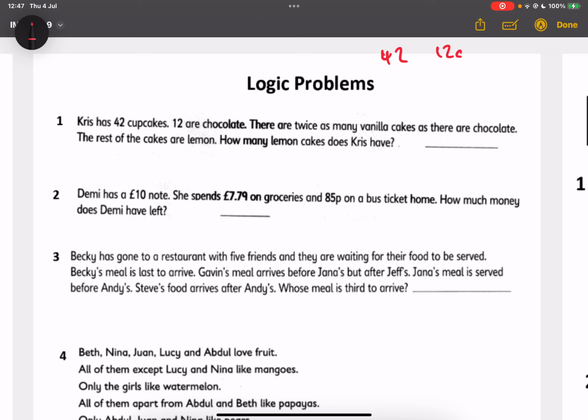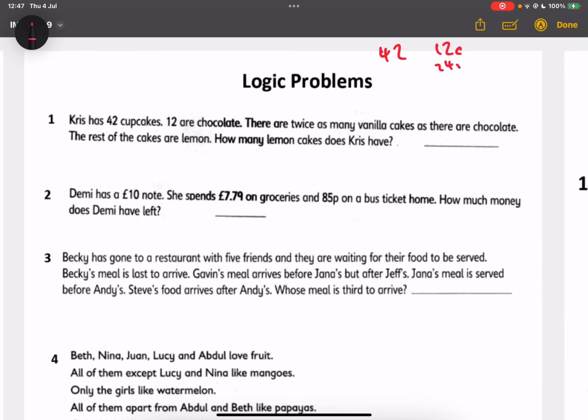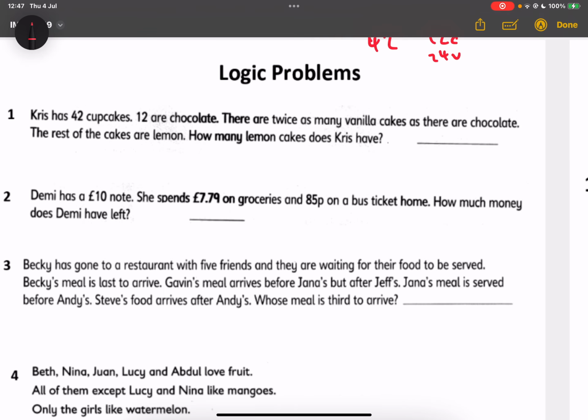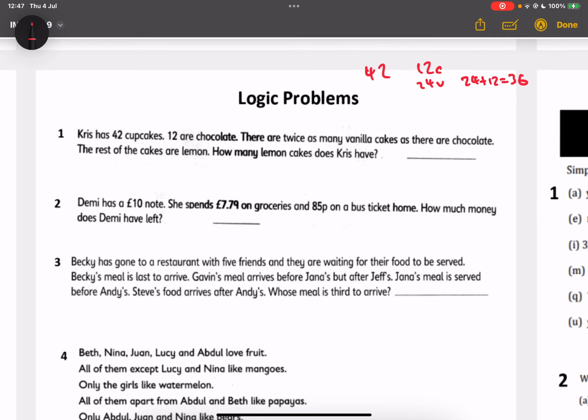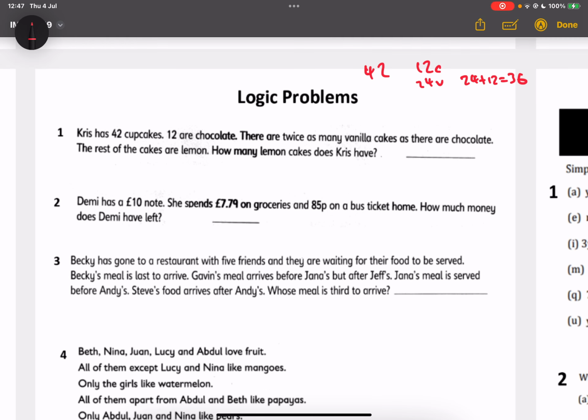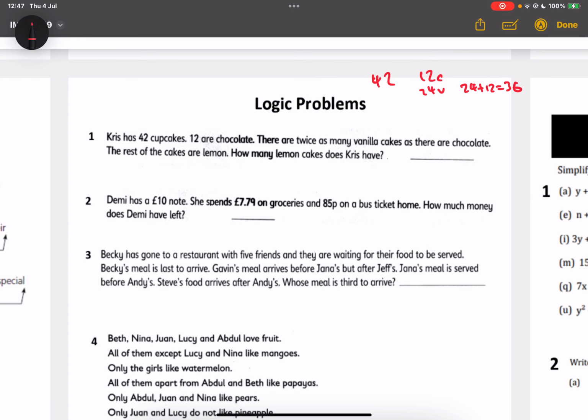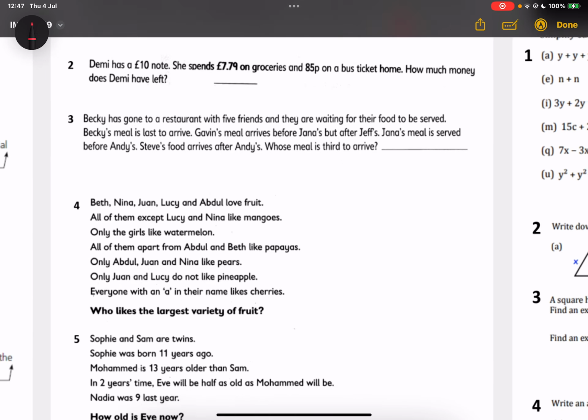Twice as many vanilla cakes as chocolate, so 24 vanilla. Then the rest are lemon, so that's 24 plus 12, which is equal to 36. And then 42 minus 36 equals 6. So there'll be 6 lemon cakes, and that means the answer to question 1 is 6.